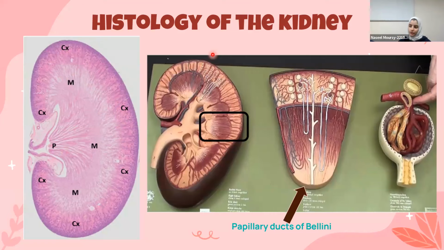So this is a picture of a model. I'm sure you've seen it in lab. You have these different lobes, or pyramids, right? And each kidney has about 7 to 8. Then here is one zoomed in. You can see all the glomeruli and the tubules. You can see how there's a difference between the cortex and the medulla.